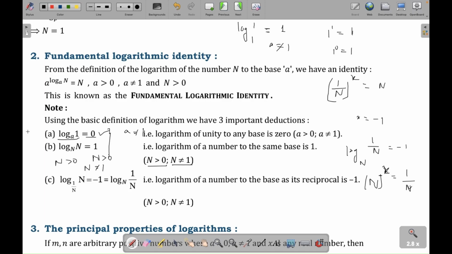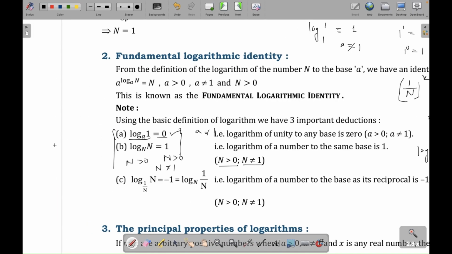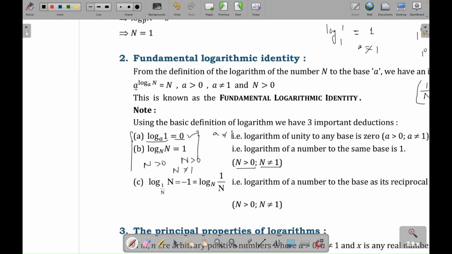So these are a few important properties, and then you have the identity of log. This says a to the power log n base a is equal to n. How is this true? We are saying log n to the base a is x.